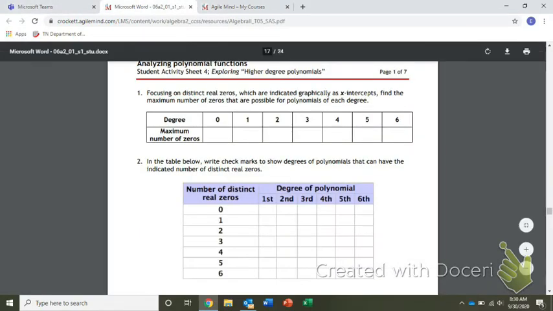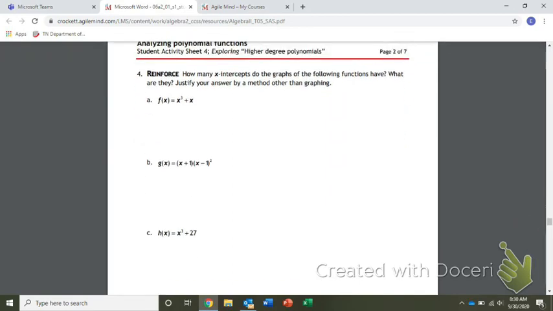All right, if you go to number 4, this is some reinforced pages. First it says, how many x-intercepts do the graphs of the following functions have? What are they? Justify your answer by a method other than graphing. Okay, so we don't want to graph it to look, but we want to factor it out. So first, x cubed.